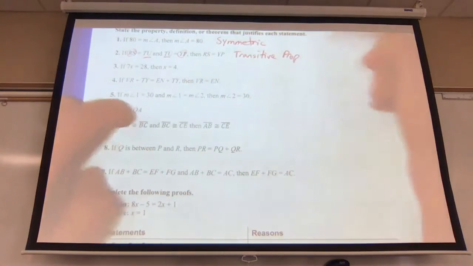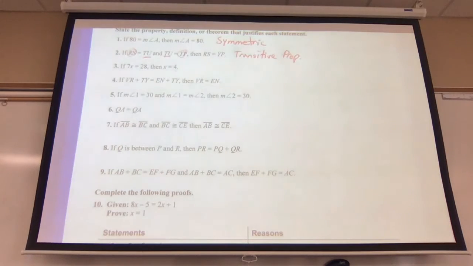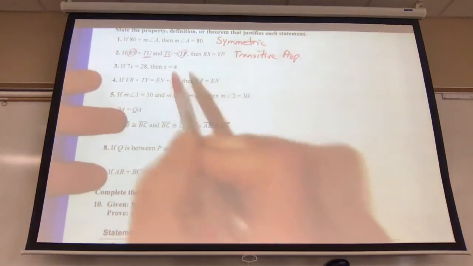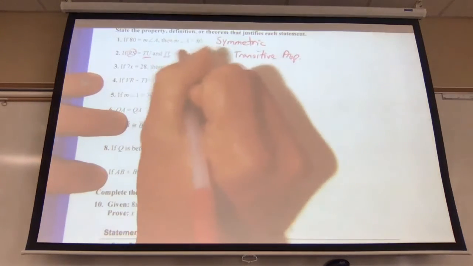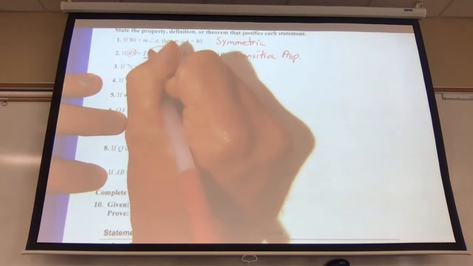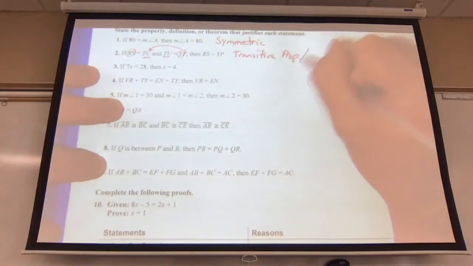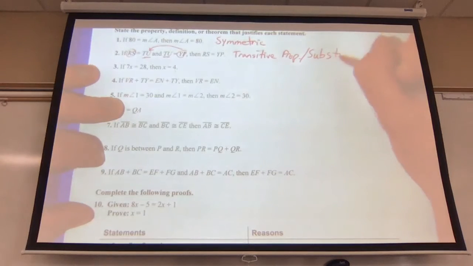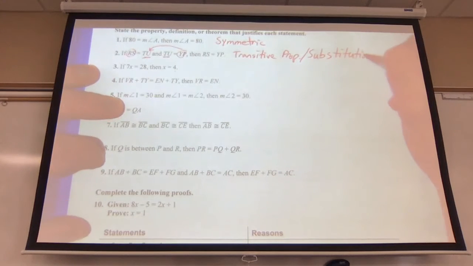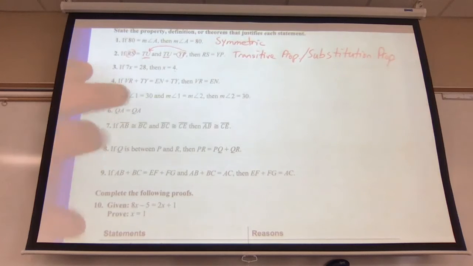And again, you can put property on there, or just transitive. I also accept substitution. If you wanted to, since TU equals YP, technically you could put YP in for TU. So if you said substitution, I would understand where you're coming from there. So transitive property or substitution property for that one.